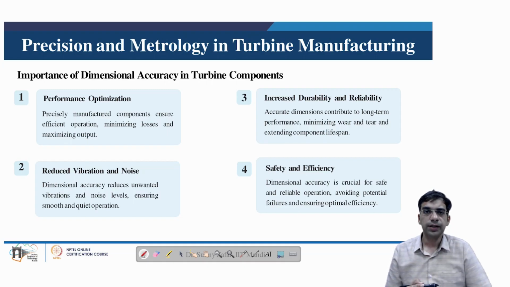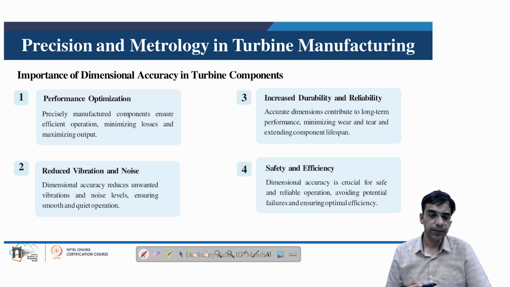So now if I discuss the precision and metrology in turbine manufacturing, it is very important to look at the dimensional accuracy of the turbine components, because just now we have discussed that the turbine blades are aerofoil shaped blades, complex shaped blades, and any sort of distortion of the aerofoil shape will render the turbine blade of no use.